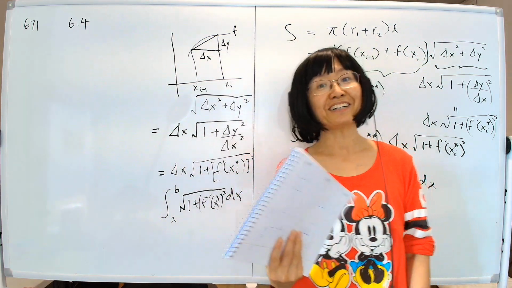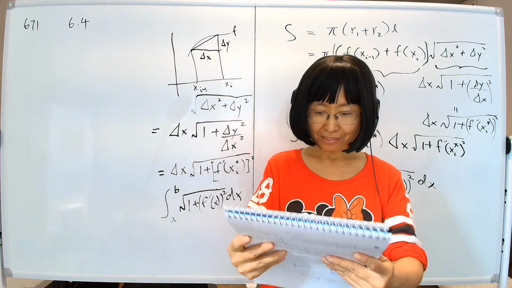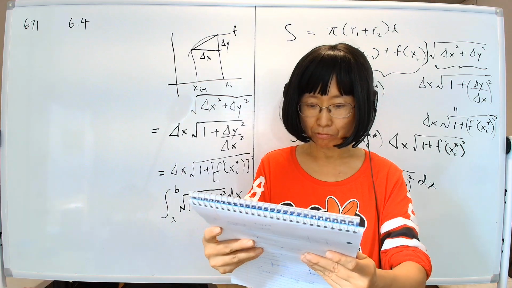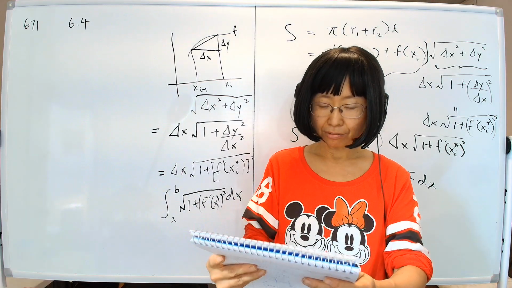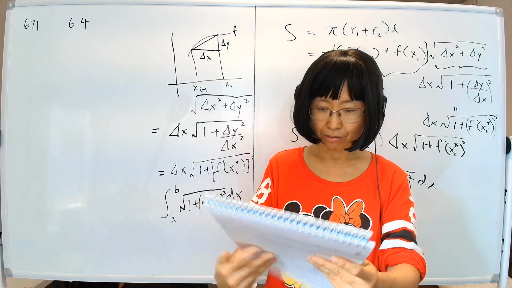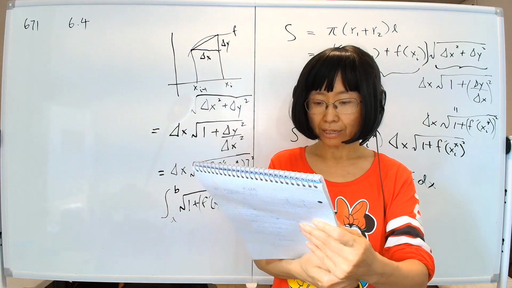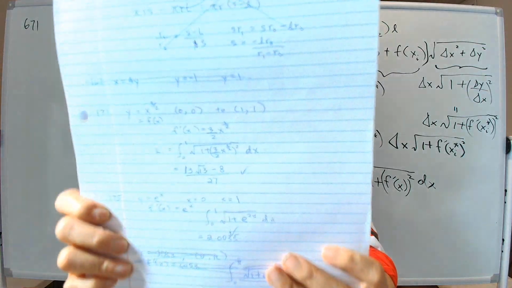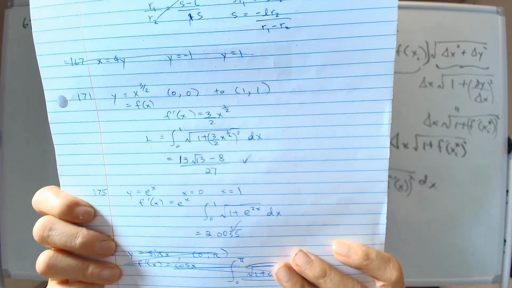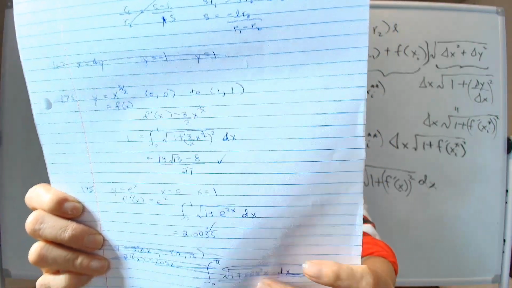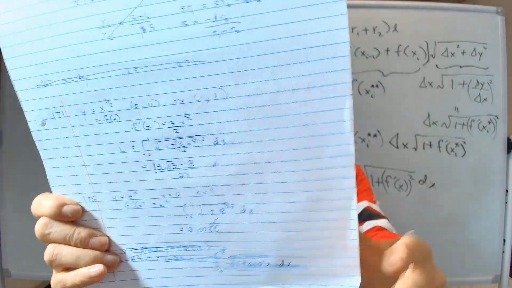Now that you're done with the homework, let's talk about some of the problems. 171, which is y equal to x to the power 2/3, etc. You're supposed to calculate the arc length. So what I did is I plugged it into the arc length formula. Y is equal to x something, so everything's straightforward.